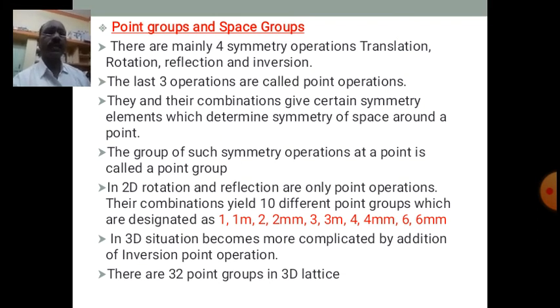These things we have studied in the previous video in detail. So, combining rotation and reflection, we get 10 point groups, which are 1, 1m, 2, 2mm, 3, 3m, 4, 4mm, 6 and 6mm.